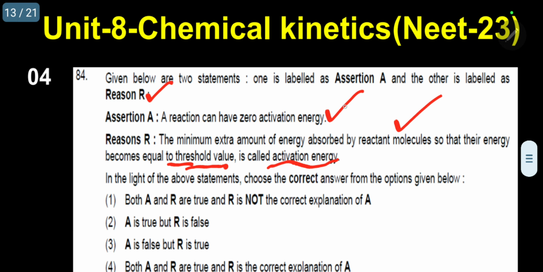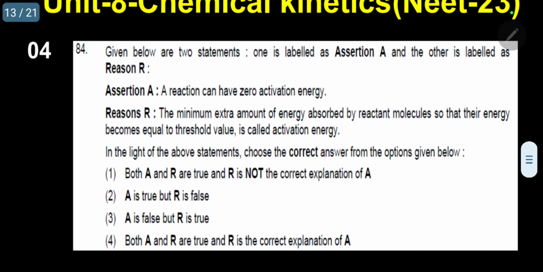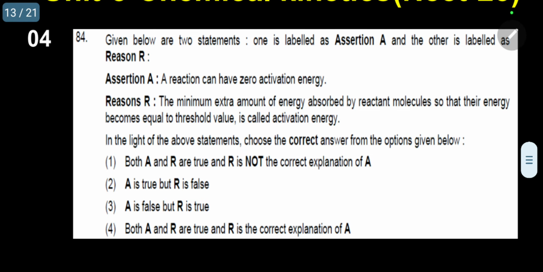So statement assertion A, reason R. Now the 4 options are: 1. Both A and R are true and R is not the correct explanation of A. 2. A is true but R is false. 3. A is false but R is true. 4.